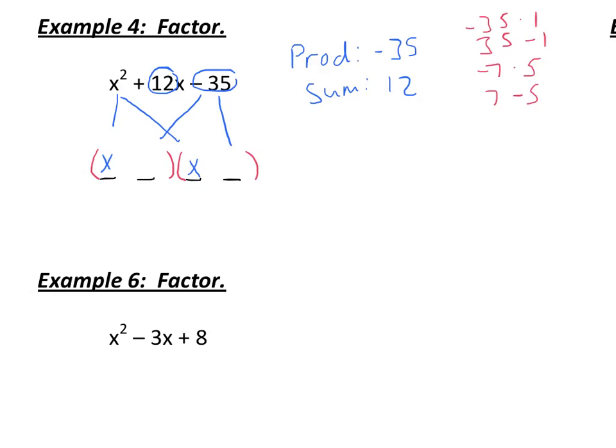None of those, even though all of them are a product of negative 35, or when multiplied together you get negative 35, none of them add up to, when combined, 12. So this one, we would say can't factor.